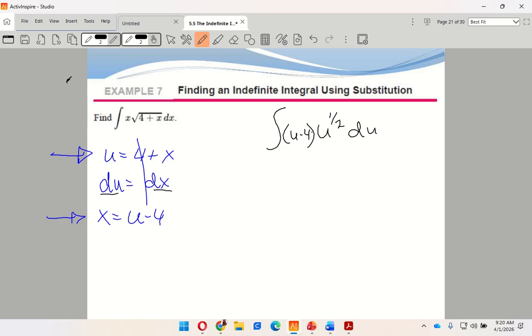So I'm going to do a little bit of distribution here to make my integration a lot easier. So I can distribute this now. That's going to be u to the 3/2 minus 4u to the 1/2.